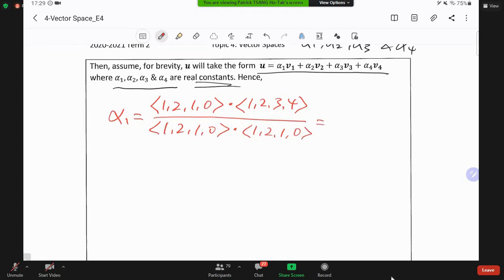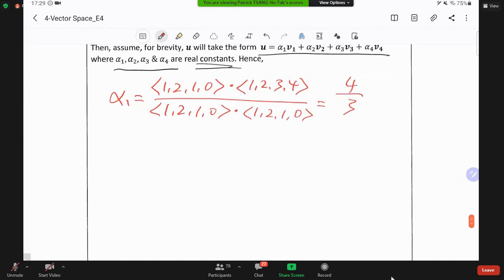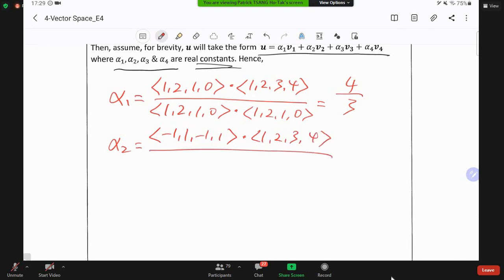After some simplification or some algebra, we get alpha 1 to be 4 divided by 3. For alpha 2, you can follow something similar. Again, after some algebra, some simplification, you get half for alpha 2.